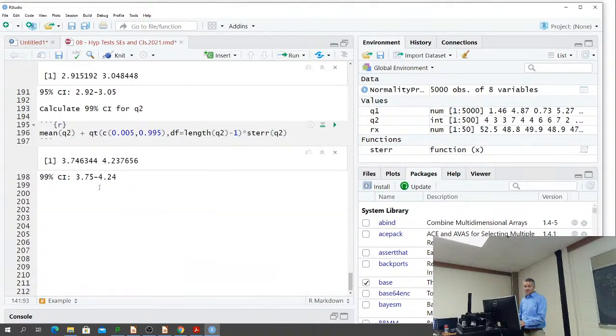If we go to this last one that we just did, interpretation: we are 99% confident that this range captures the true mean of Q2.